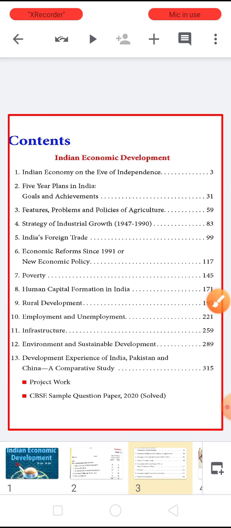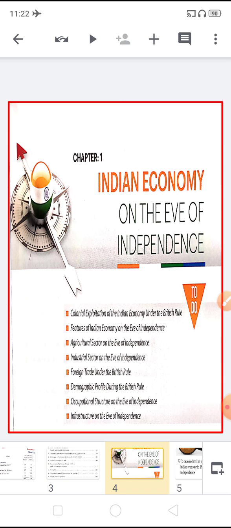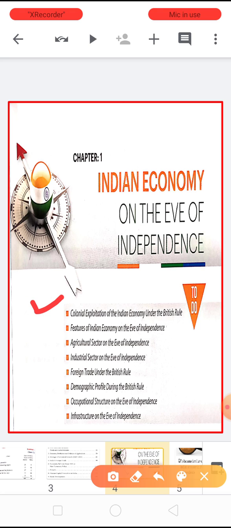So children, let us start with the first chapter, Indian economy on the eve of independence. This is the first chapter of your Indian Economic Development book. The topic we are going to cover today is the colonial exploitation of the Indian economy under the British rule, that is, how the Britishers exploited India's wealth as well as its human resources.